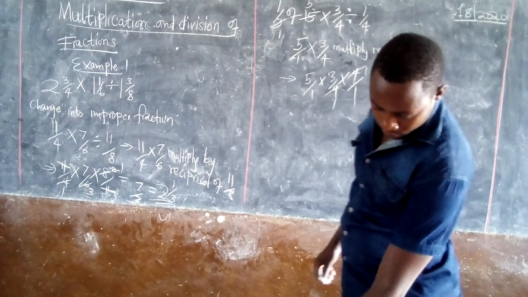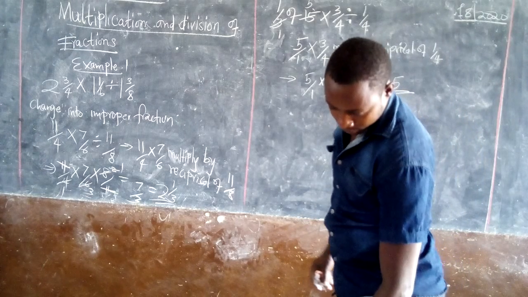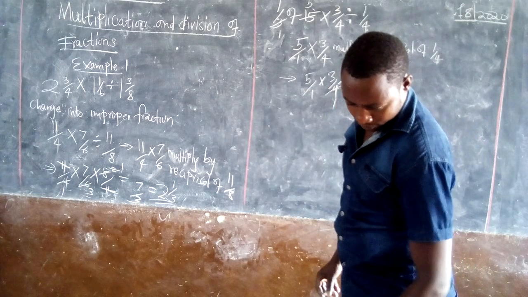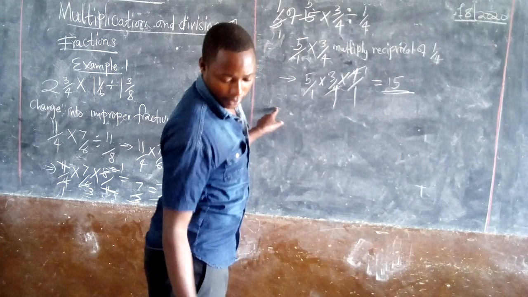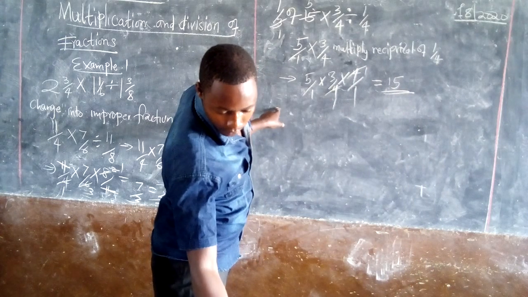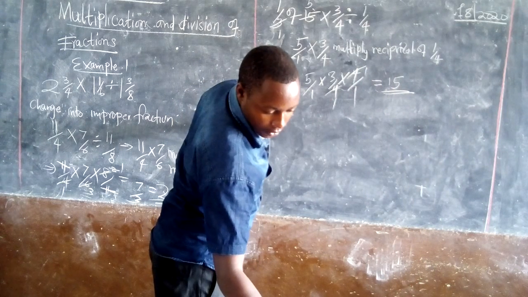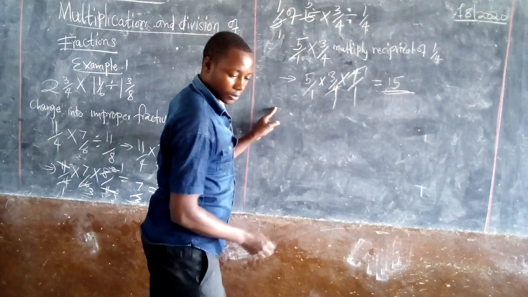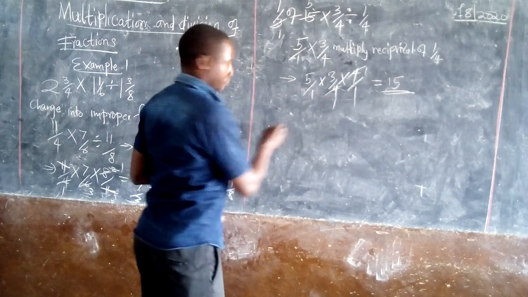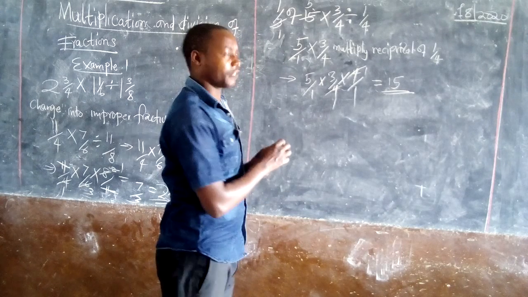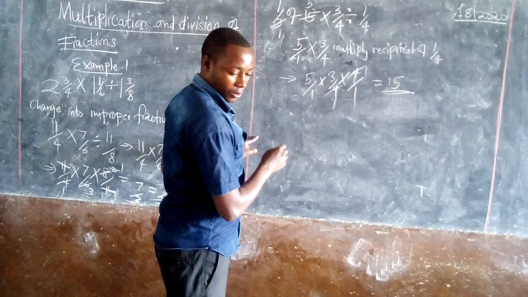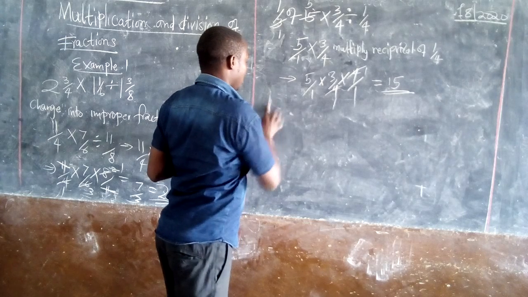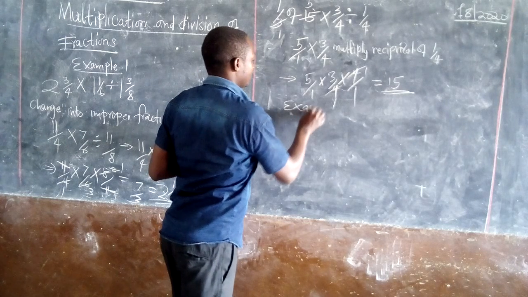Again, we can be given a third example. If you are given this kind of question, now we have a mixture of different symbols apart from multiplication and division. This is example 3.